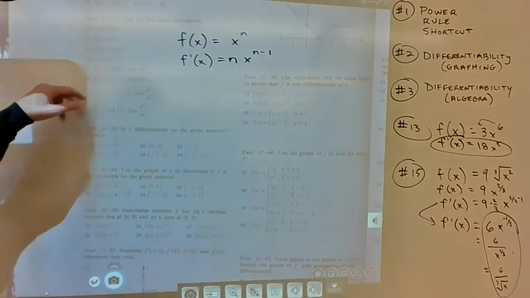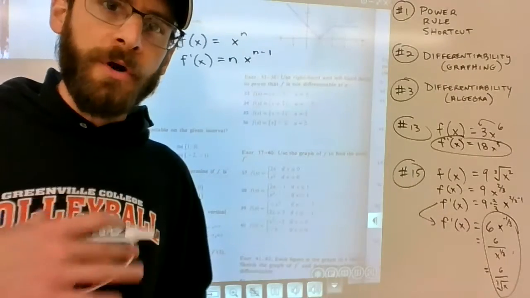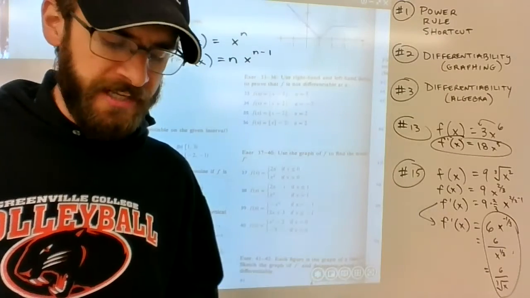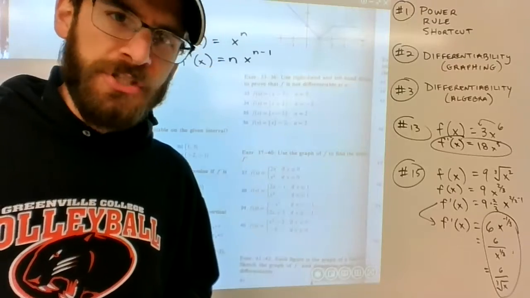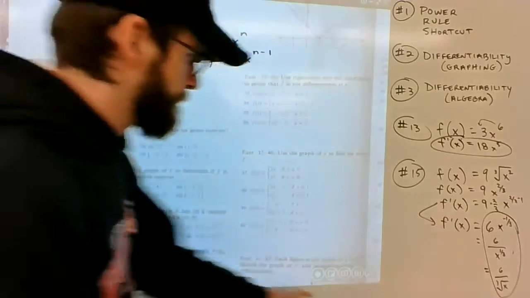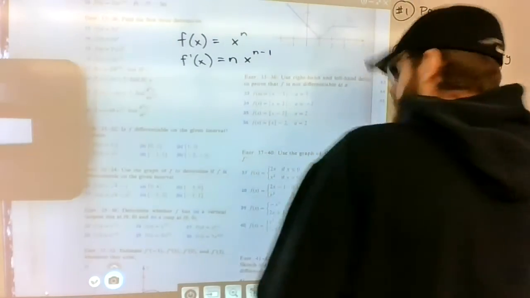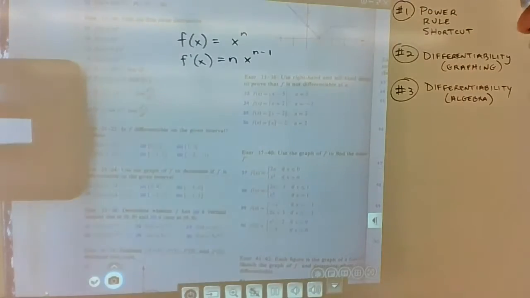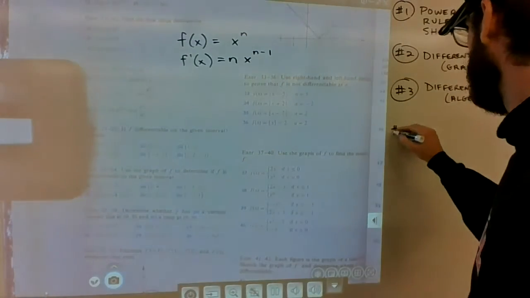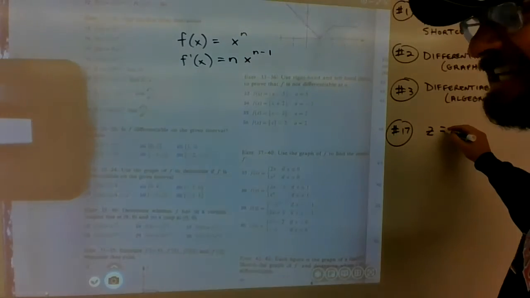Now, if you look at some of these, they talked about the second derivative and even the third derivative. So I'm gonna work through a couple of those examples as well, just getting us practicing with multiple derivatives. For instance, number 17, it says if z is equal to 25t to the 9/5.